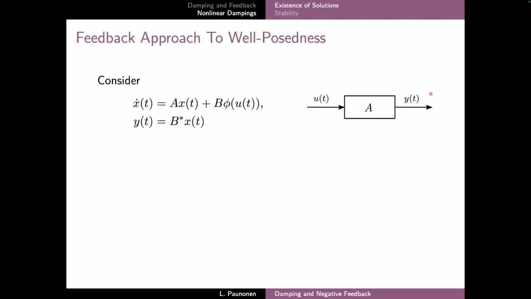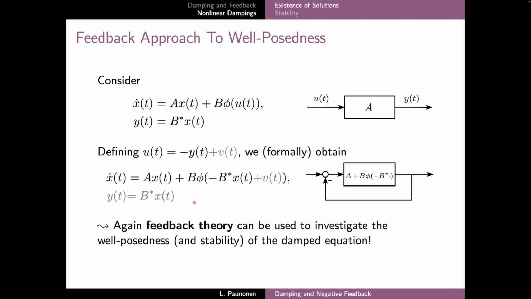But nevertheless, if we again take our output y, multiply it with -1, and feed it back into our input u, we get a system which has exactly the same form as our original equation. And because of this, we can again benefit from feedback theory in investigating well-posedness and stability of our equation. But this time it has to be somehow nonlinear feedback theory.